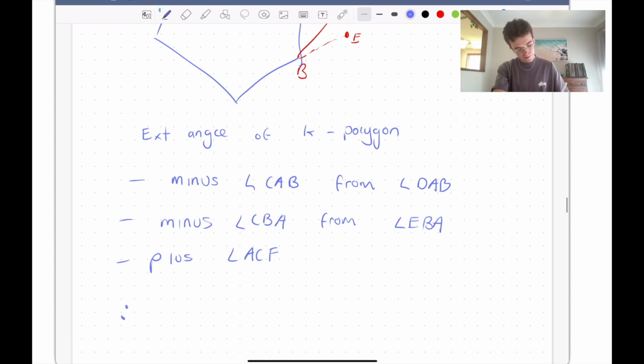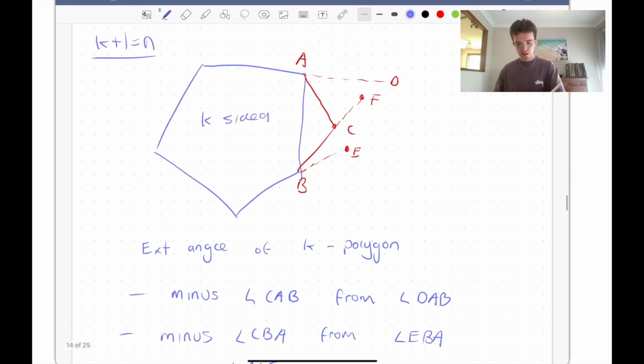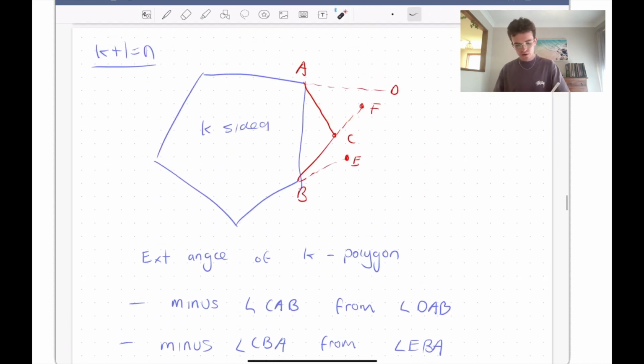So therefore the sum of the exterior angles of our k plus 1-sided polygon is 360 minus CAB minus CBA plus our new angle of ACF. However, we also know that ACF is equal to angle CAB plus angle CBA, that angle plus that angle, by the exterior angle of a triangle rule.